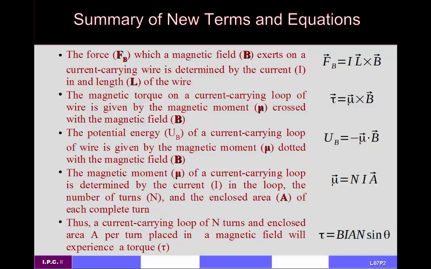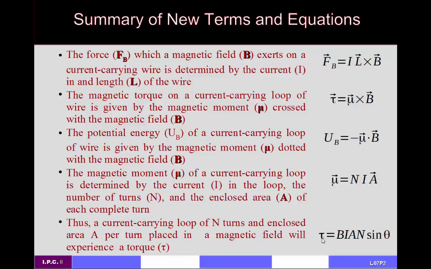So we've not really introduced a lot of new terms, but there have been a few new equations. The first of these, of course, is that the force exerted on a current carrying wire in a uniform field is I L cross B. The second is that you can find the torque and the energy by crossing the magnetic moment with the B field and by dotting the magnetic moment with the B field, where the magnetic moment for a current carrying loop is the number of turns in the loop times the current times the area vector.